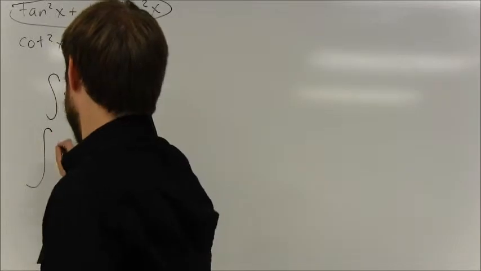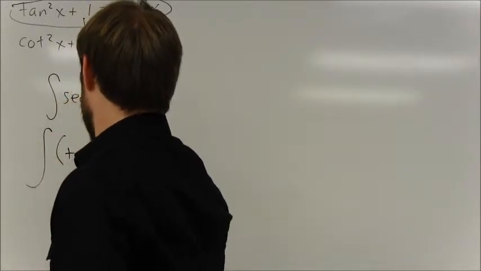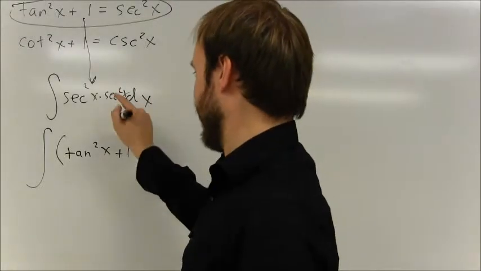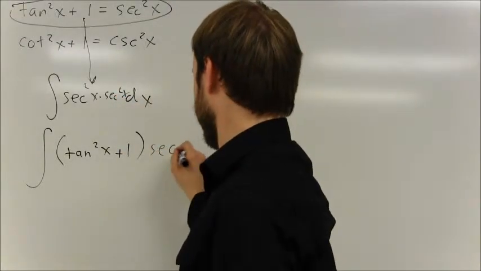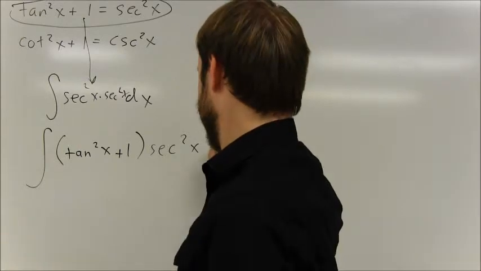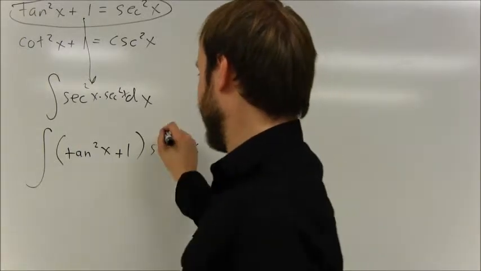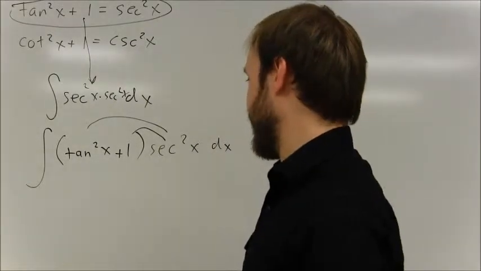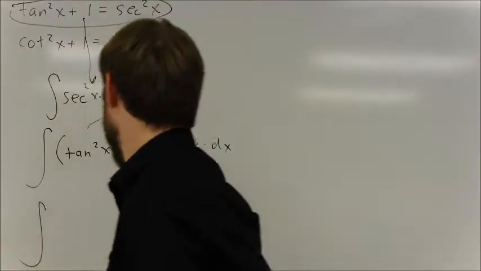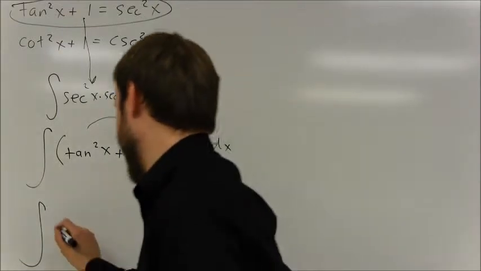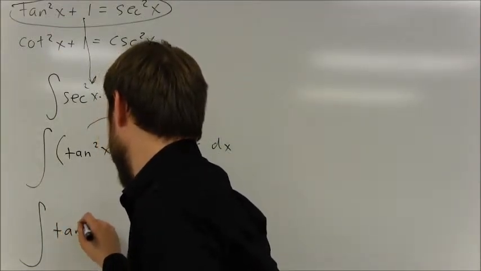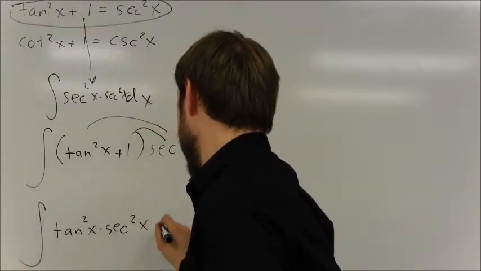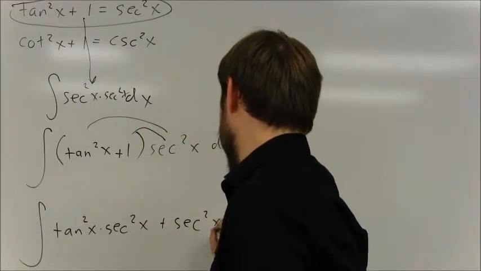So what I have here is a tangent squared of x plus 1 times a secant squared, that's a 2 there, dx. And when I use the distributive property here, again, really, really, really important when you do this. But basically, I'm going to end up with a tangent squared x times a secant squared x plus a secant squared x dx.